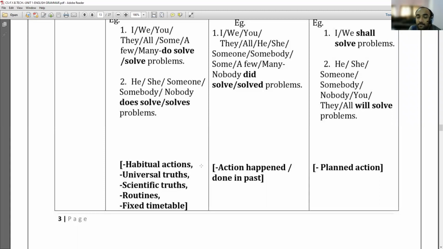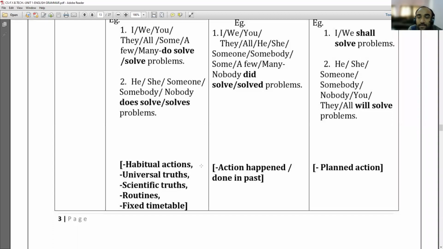Or if we are telling the habitual action of your friend, then you will say that he wakes up early in the morning at 5 o'clock. He then takes a bath, then he eats breakfast, he drinks tea.